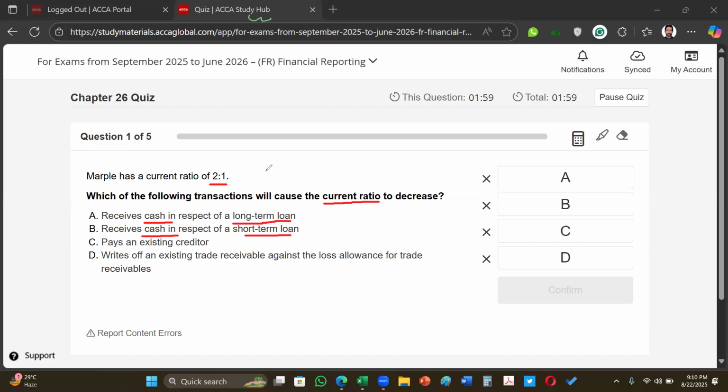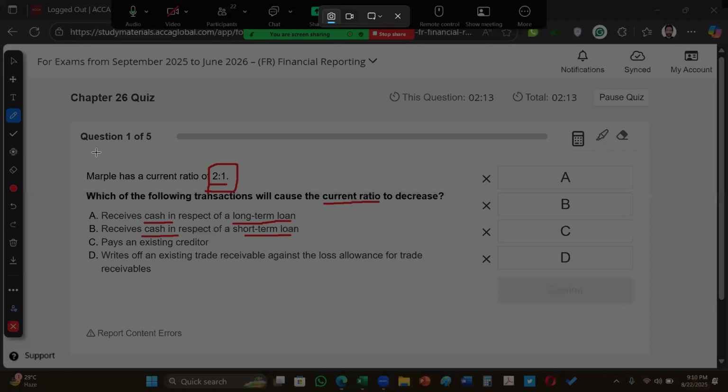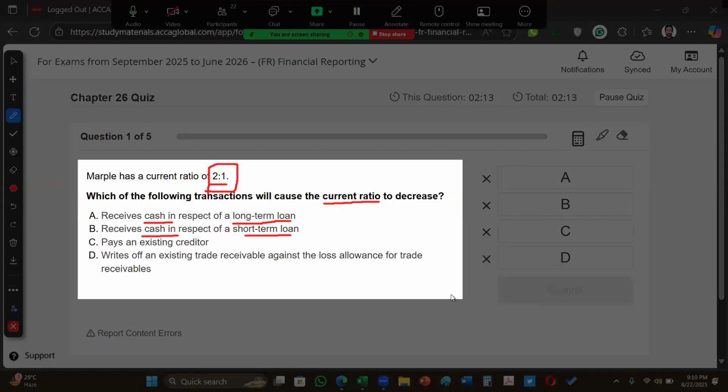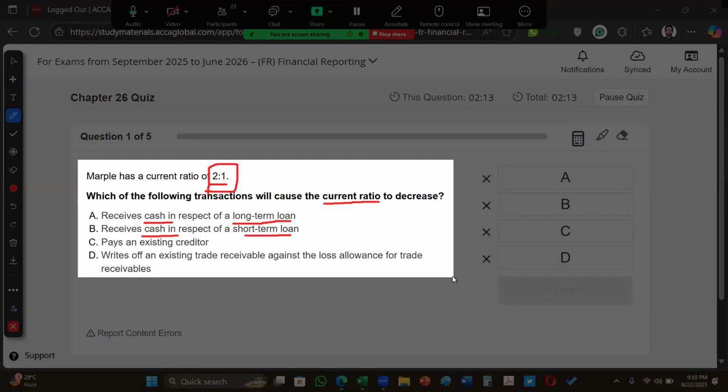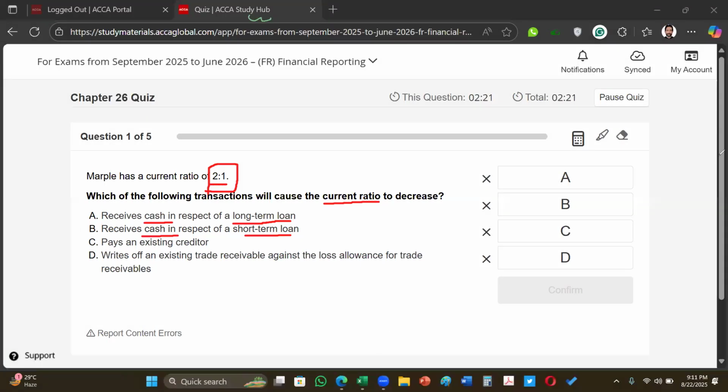The issue here is that the current situation is not equal. The assets are double the size of the liabilities. So if we take this question to the Excel sheet and try to see the impact of this second option, we will have a better understanding of it.